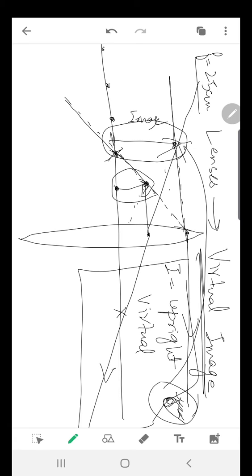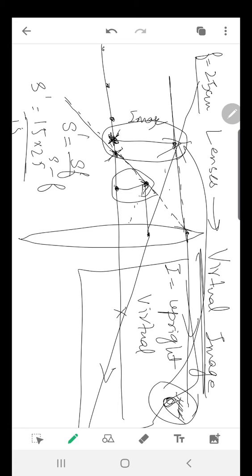See? So let's calculate first where the image is forming, which is S dash. So S dash is equal to SF over S minus F. S dash is equal to 15 multiplied by 25 over 15 minus 25. Yeah?